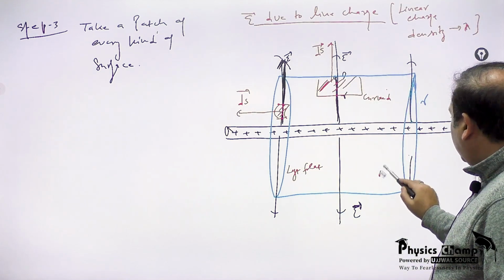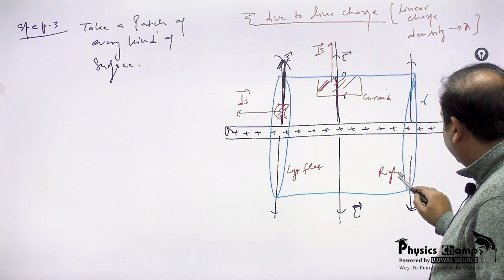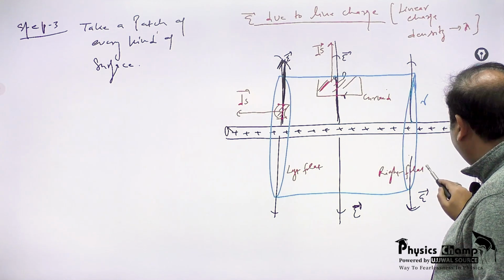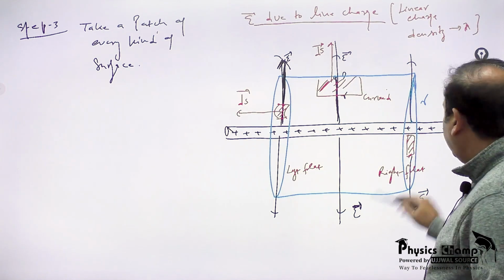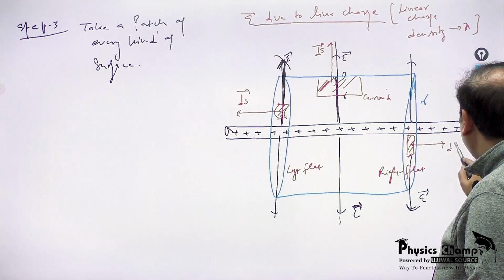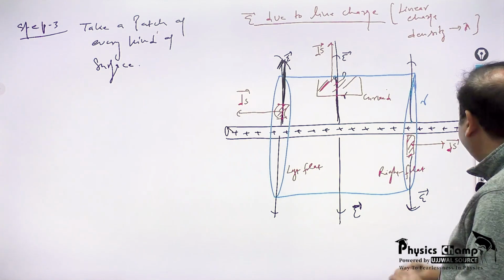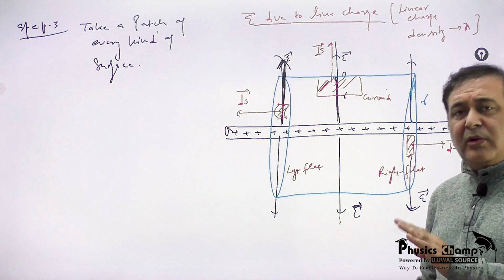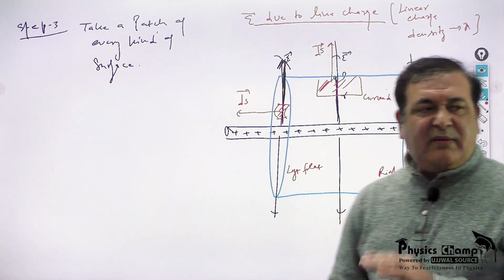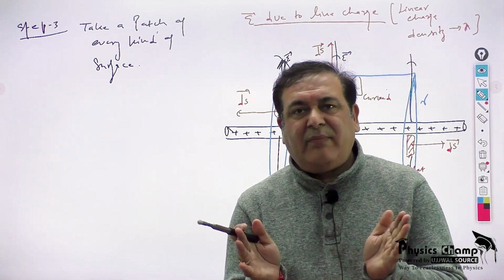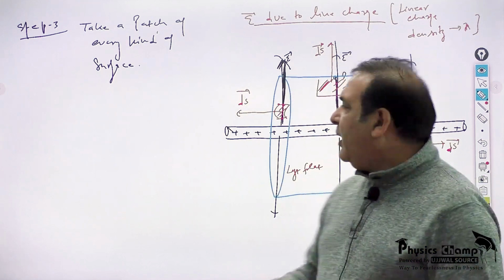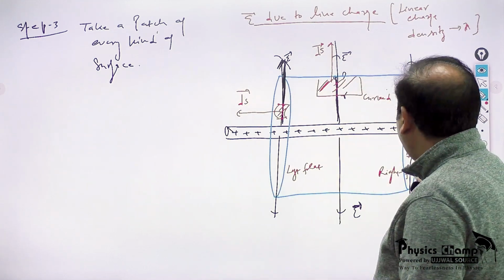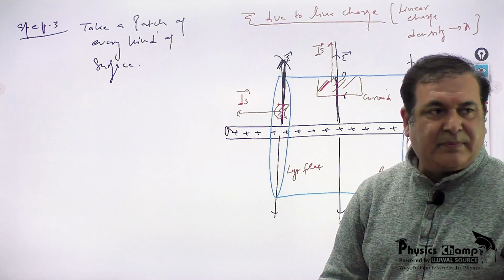Similarly, let's talk about the right flat surface. So if I take a patch over here, its area vector dS is here. So as a whole, you can see in this arrangement I have distributed them into 3 kinds of surfaces: left flat surface, right flat surface, and curved surface.